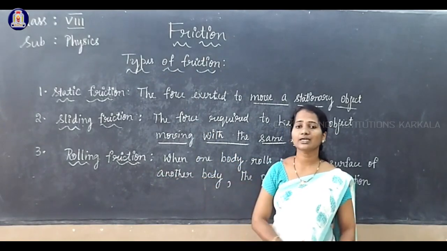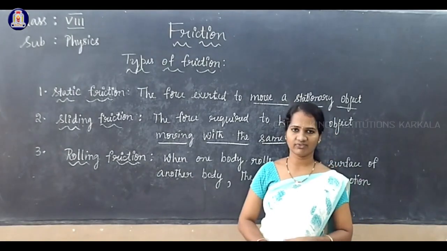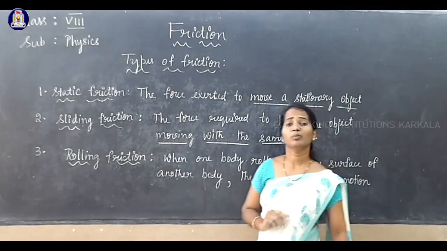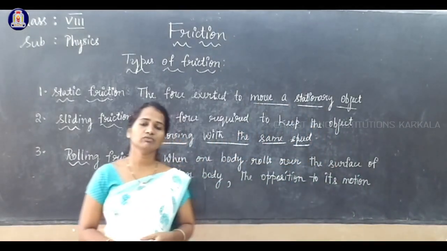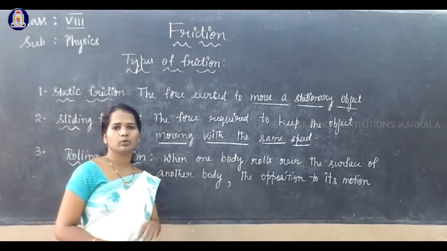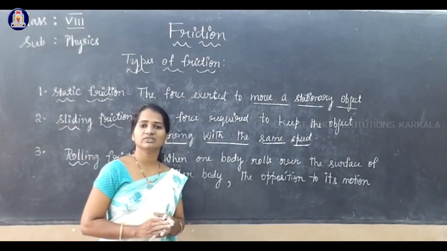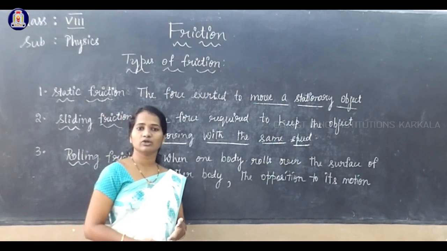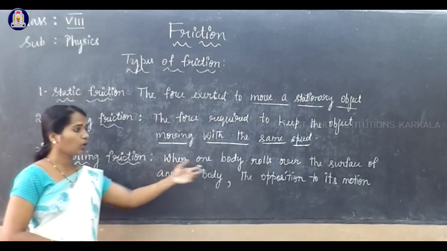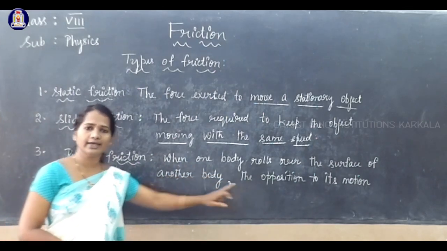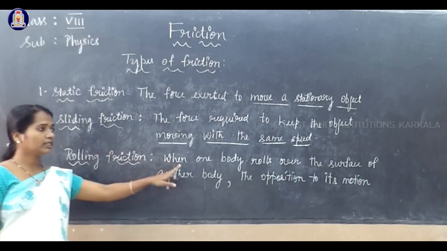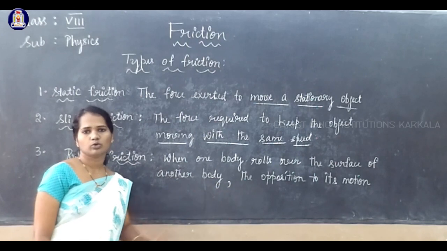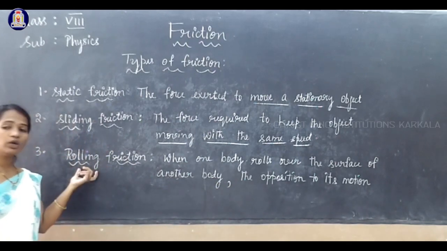Now come to the third type of friction, that is rolling friction. What is rolling friction? It is when one body rolls over another body. The force between the two surfaces, the resisting force which opposes this motion, is called rolling friction.